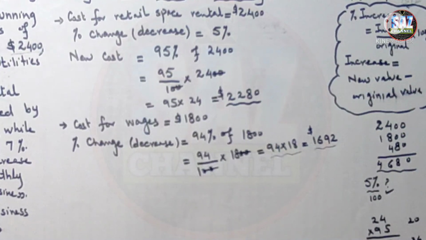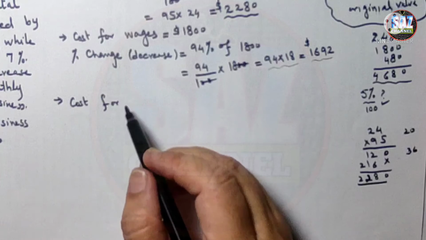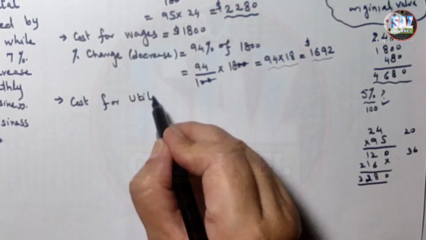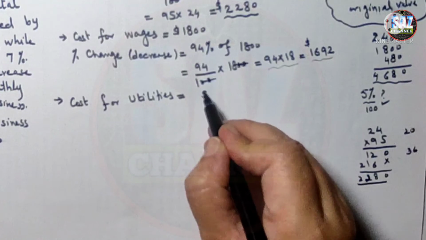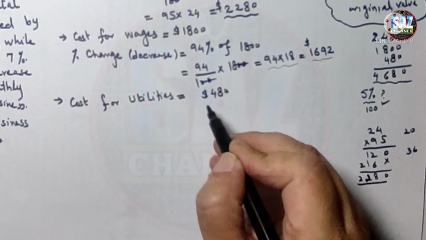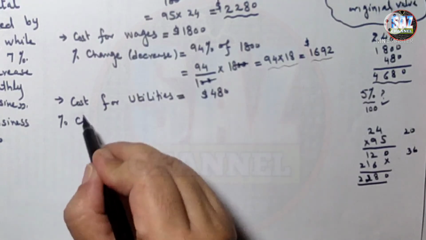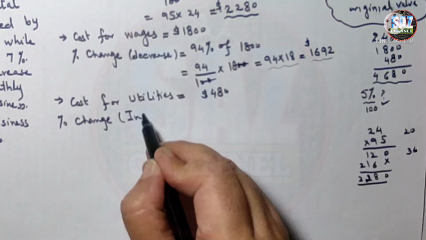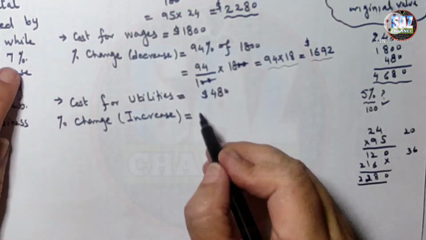Okay, moving to the third thing, that is cost per utilities. The cost for utilities is $480, and now the percentage change. This time it is an increase by 7%.